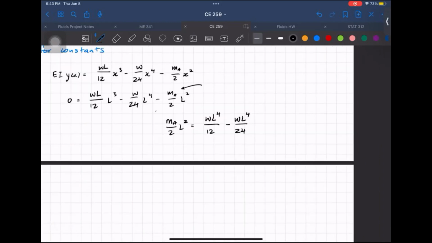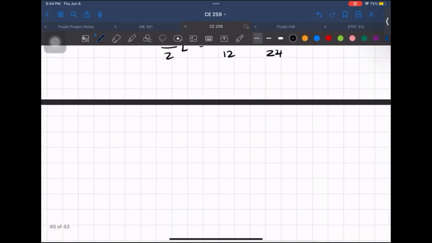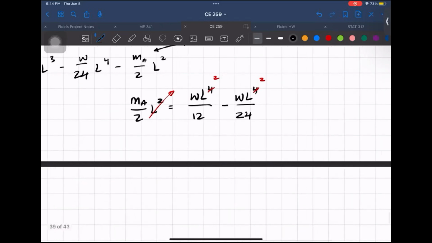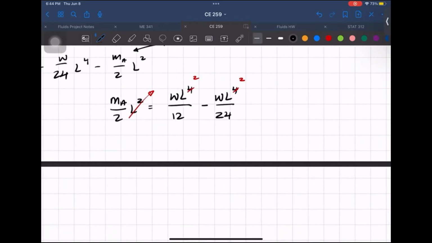Right, let's just move this over to the left side, and then multiply these two together. And finally, if you do a little bit of simplifying here, these L squared cancel out, and these convert to L squared right here. And then if you were to do this subtraction right here, it would be equal to WL squared over 24.